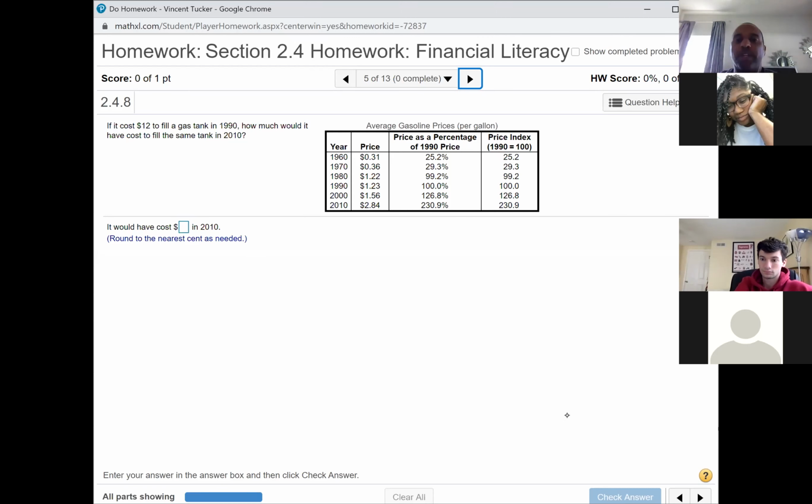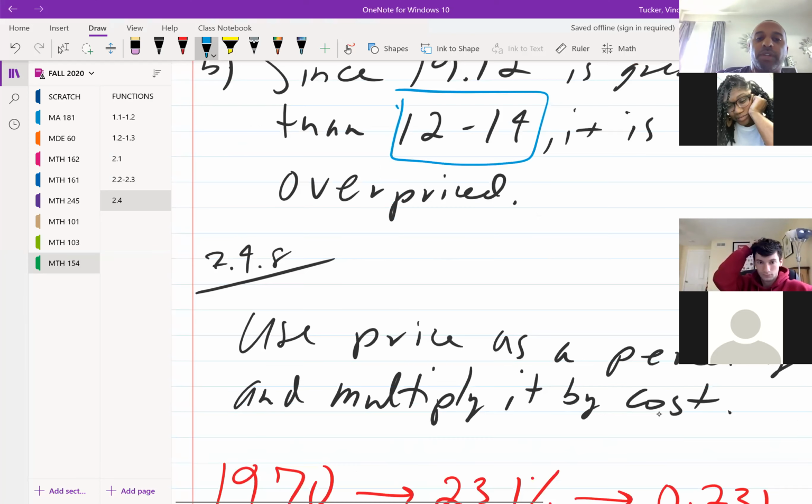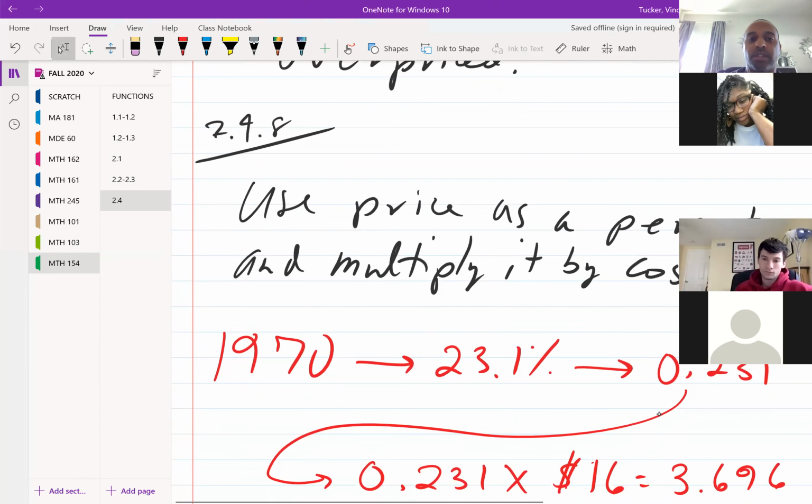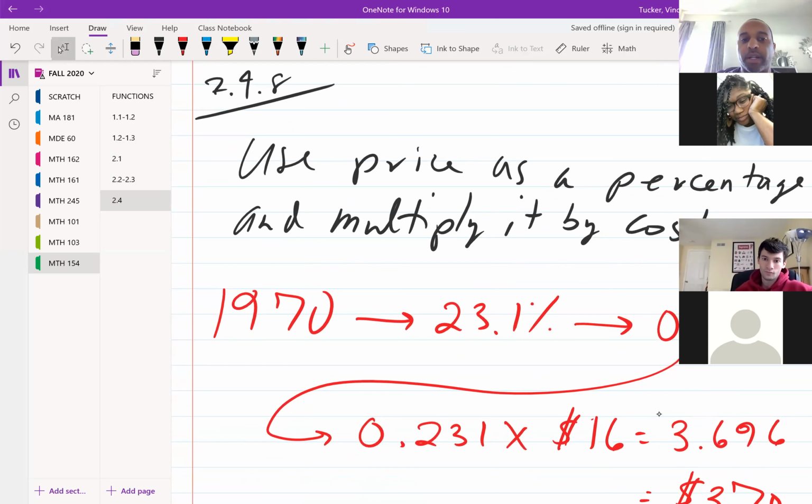So we have this chart here, price as a percentage of 1990 price. Okay, gotcha. So I think this one, let's go to the notes. What we'll do here is use the price as a percentage and multiply it by the cost. So I'll erase this and do it according to the chart that we have. Make sure we see how the chart works.